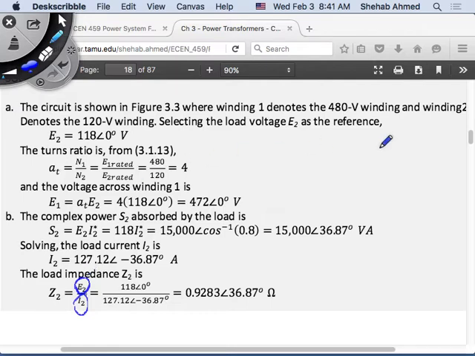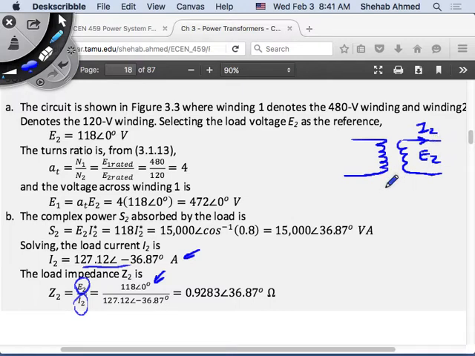Or, again, if you know your voltage and current on the secondary side, I know my voltage, E2, 118 volts. I know my current on the secondary side, it is 127.12, right? I know E2 and I2.